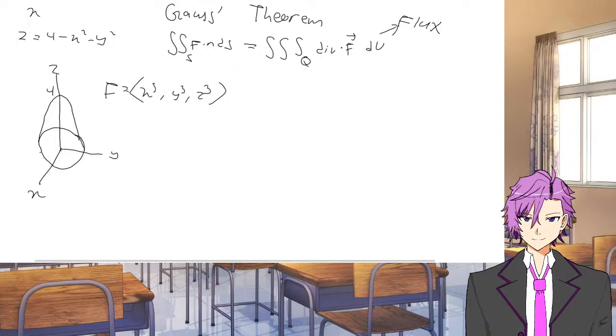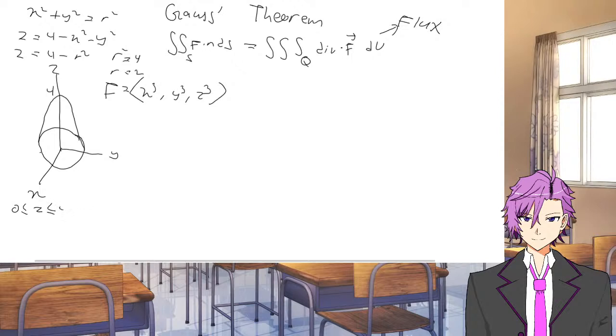Okay, since x squared plus y squared is equal to r squared, we can convert this to 4 minus r squared. Now r squared equals 4, so r is equal to 2. So now we have the regions. We'll start with z first.